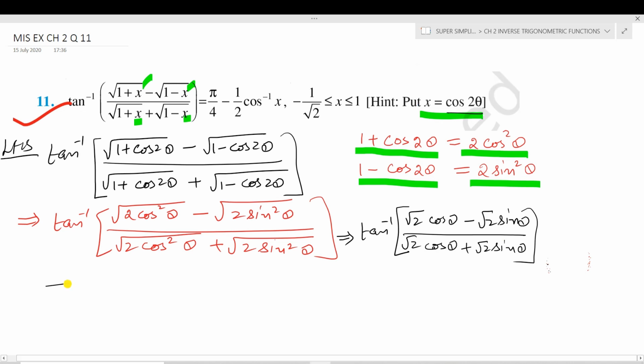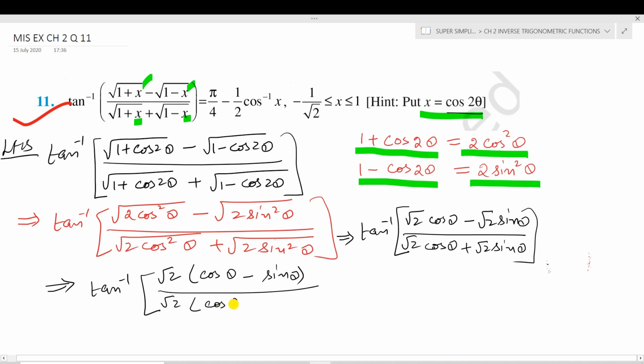Now we write the next step. Root 2 can be taken common from the numerator and denominator. So we get in the numerator cos theta minus sin theta, after taking root 2 common, and the denominator is cos theta plus sin theta. Root 2 gets cancelled.